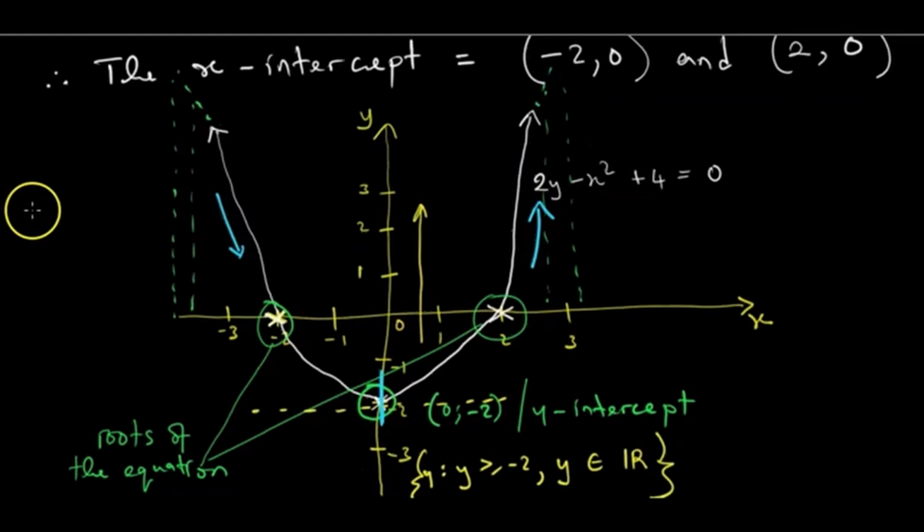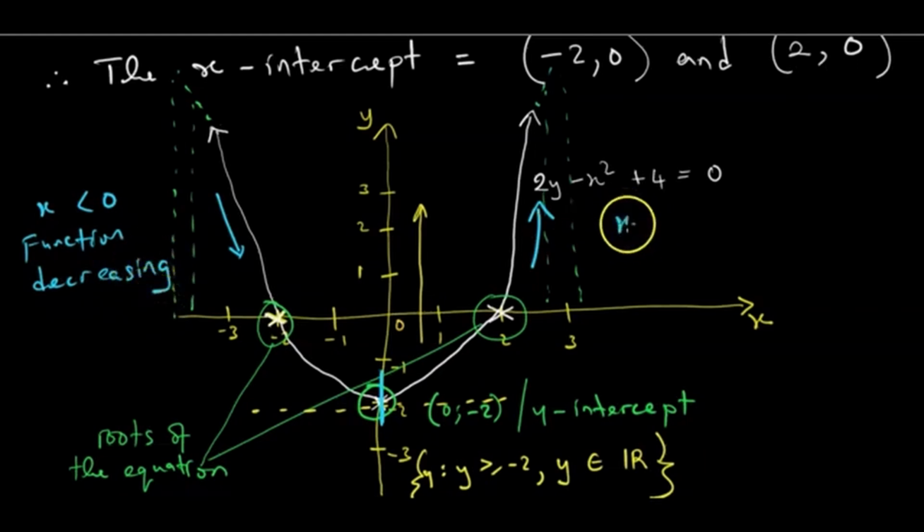So here we have x less than 0, and we have the function decreasing. It's decreasing because it's a downward slope. And here we have x greater than 0 and we have the function increasing. So this is the nature of the graph.